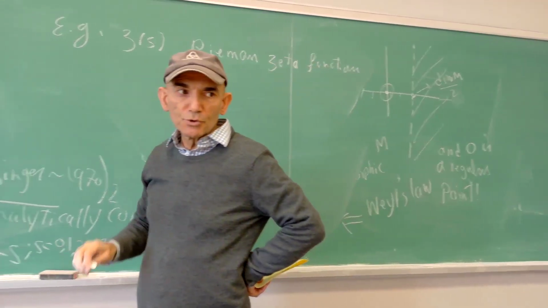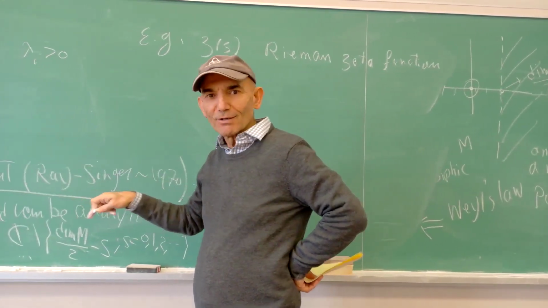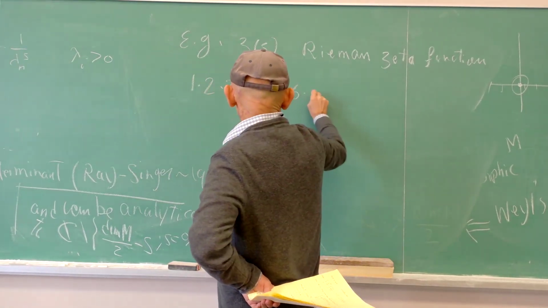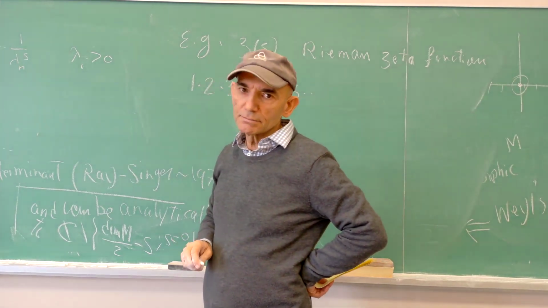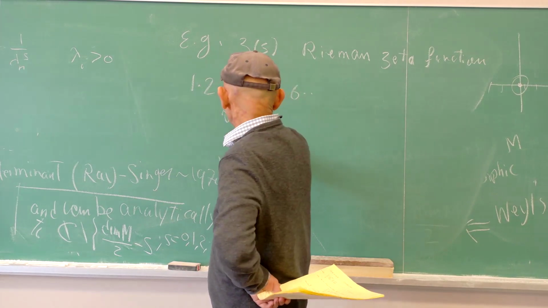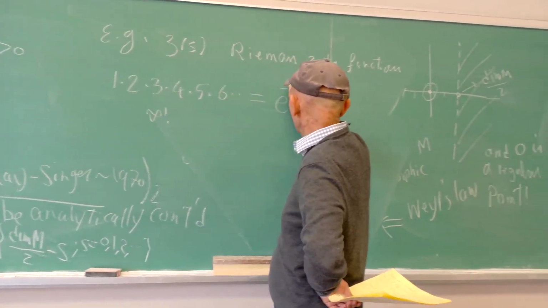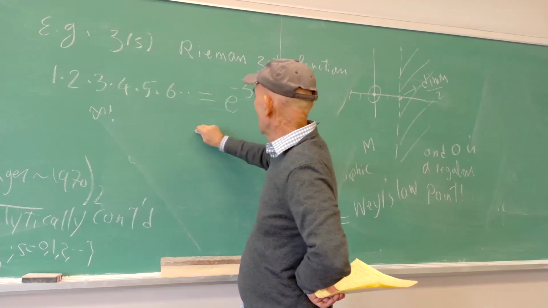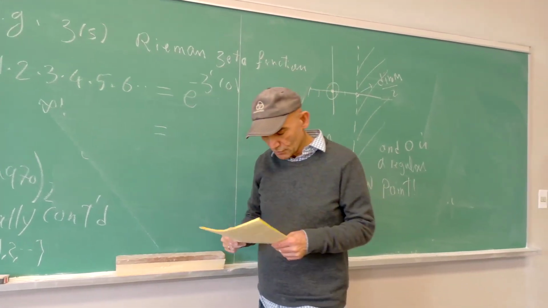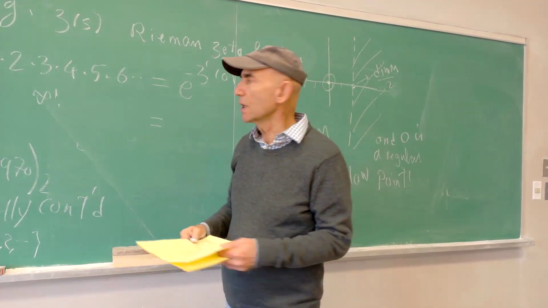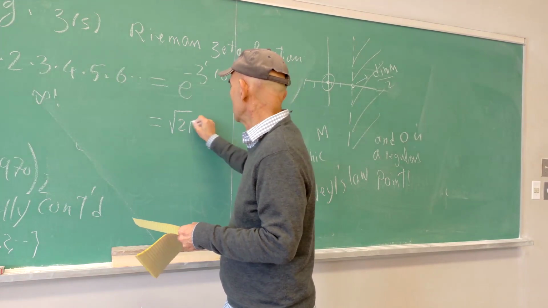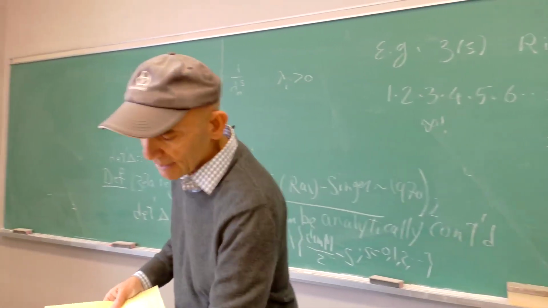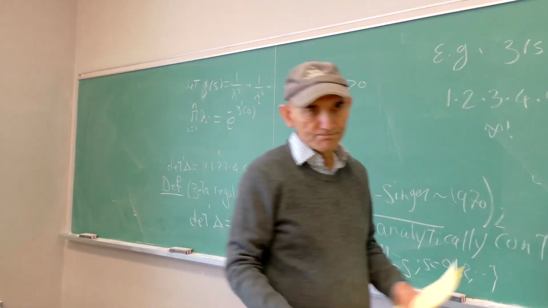In this case, we want to compute 1 times 2 times 3 times 4 times 5 times 6 and so on. So basically this is infinite factorial, which is equal to exponential of minus the derivative of zeta at 0. This can be computed, I won't write the computation here, and I believe the result is root 2 pi. So you have this beautiful formula that infinite factorial is equal to root 2 pi.